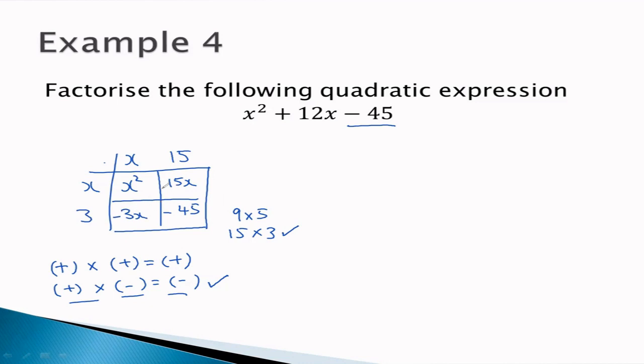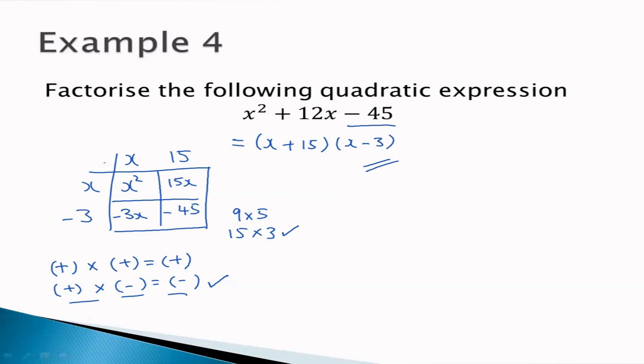So I put a minus here to get 12x, and therefore I must follow and put x minus 3 here. And there we go, 15x minus 3x is 12x. And that's my answer then. So that is x plus 15 and x minus 3. And that's my final answer.